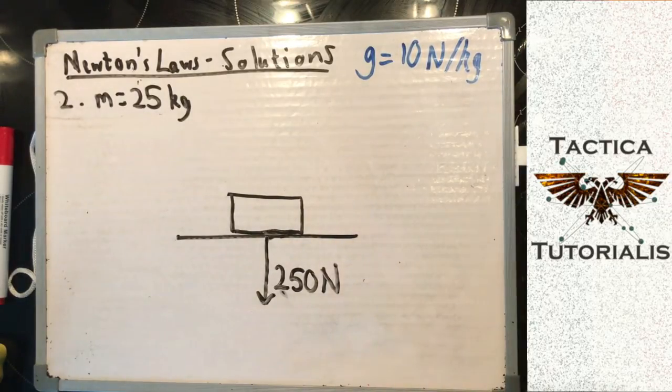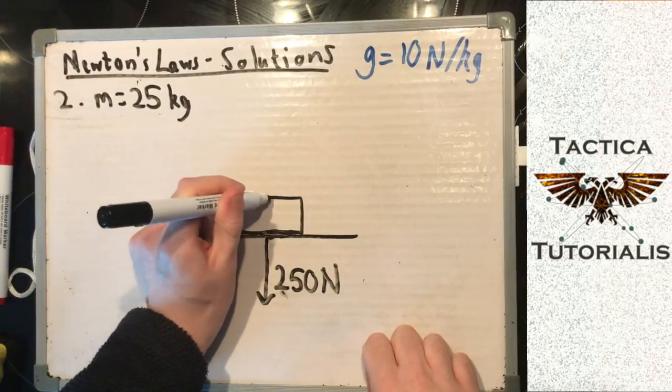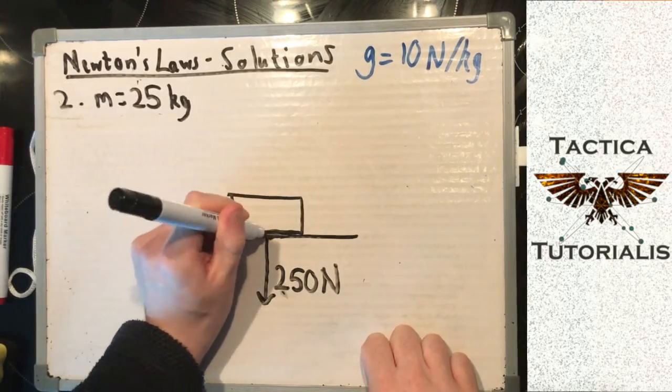Now, by Newton's third law, we are told that there is a reaction force of 250 newtons upwards. You can draw this here, or you can draw this here. I'm going to draw it here.